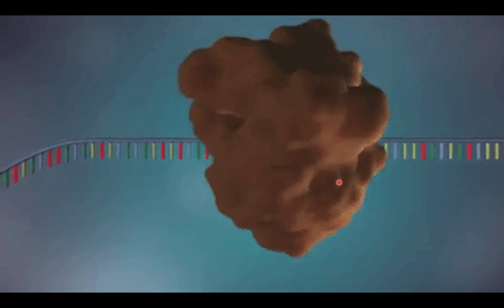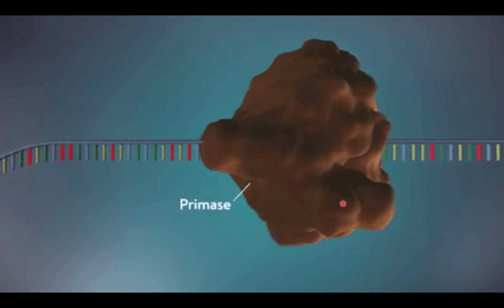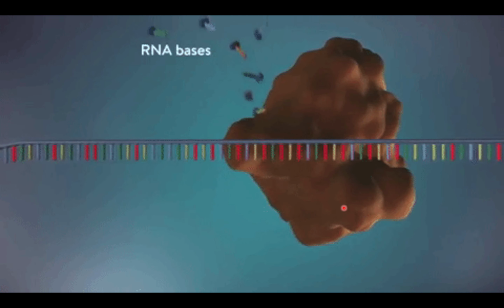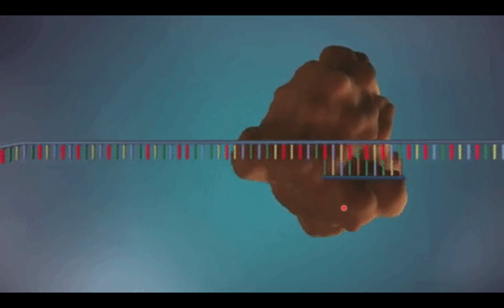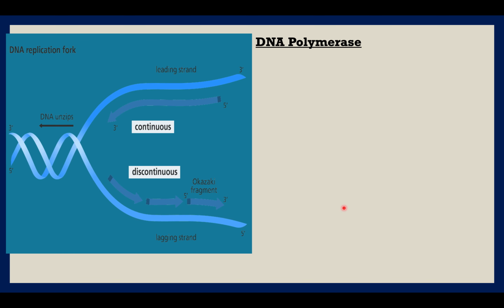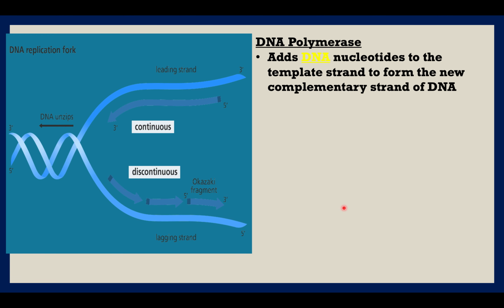Now, DNA polymerase is ready to just come along and begin laying its monomers. DNA polymerase is the one that actually does the work of synthesizing new DNA. It adds the new DNA nucleotides to the template strand to form the new complementary strand of DNA.